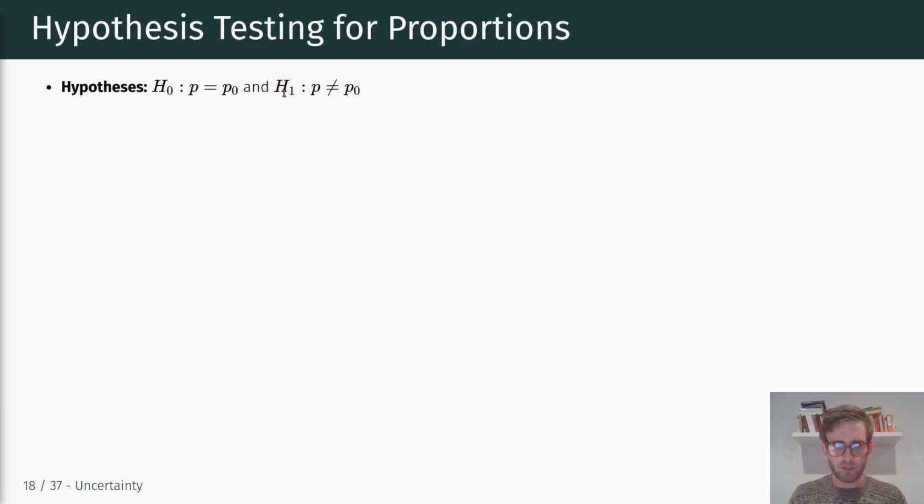And our alternative hypothesis in this case will be that p is not equal to p0. So p, the true population proportion, is not equal to 50%. It could be larger, it could be smaller. We're agnostic as to whether it's larger or smaller. We're just saying the alternative hypothesis is that it's not equal to that hypothesized or null hypothesis population value.